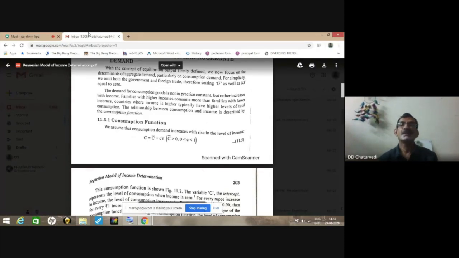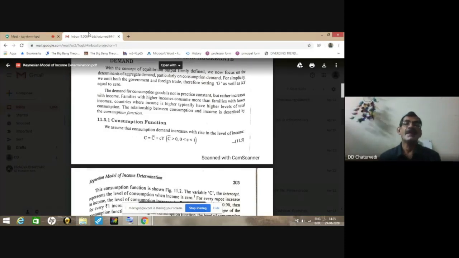So marginal propensity to consume, which is symbolically expressed by small c in this equation, means delta C divided by delta Y. That means change in consumption divided by change in income. That means the ratio of change in consumption to the change in income.